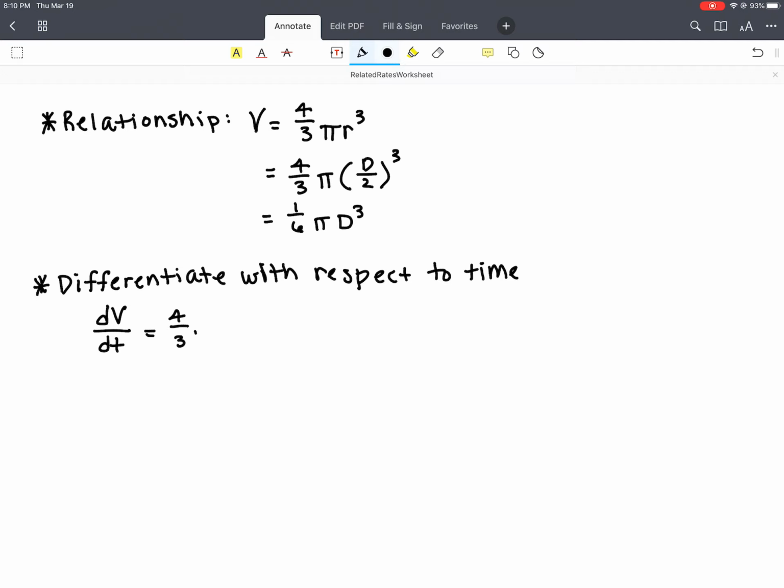We've got 4/3 pi r cubed. Well, that's going to give us a 3r squared dr dt. Ah, my bad. Wrong equation. Let's start over.